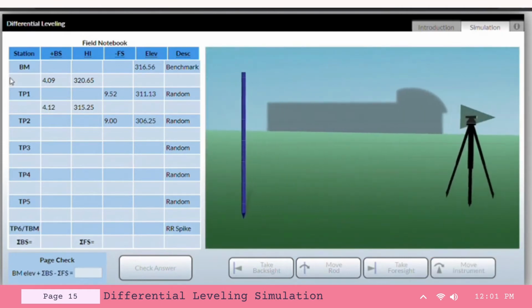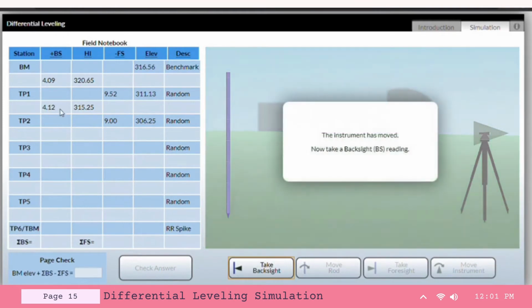Before moving on, notice the placement of the measurements. For the benchmark, the elevation is written on the same row as the benchmark. However, the backsight and instrument height are written on the row below that. That should be the right placement for those values in order to have a neat and clean field notebook for differential leveling.